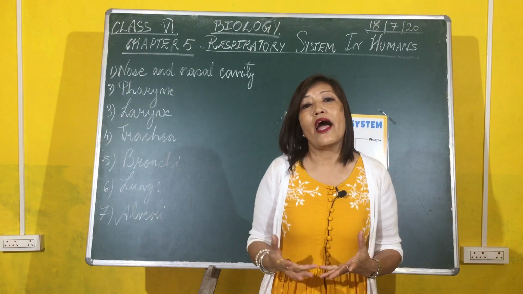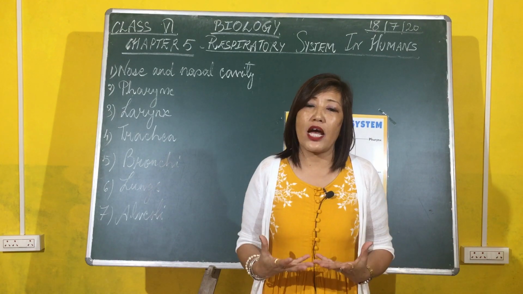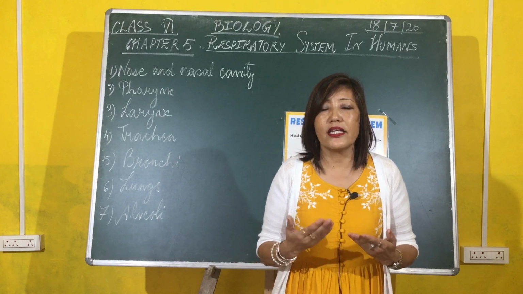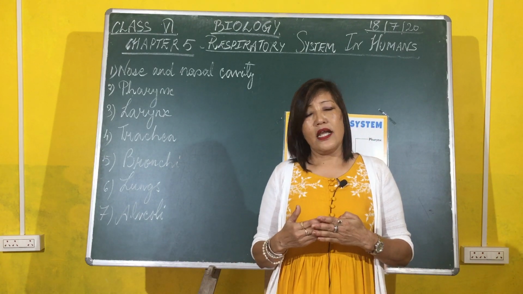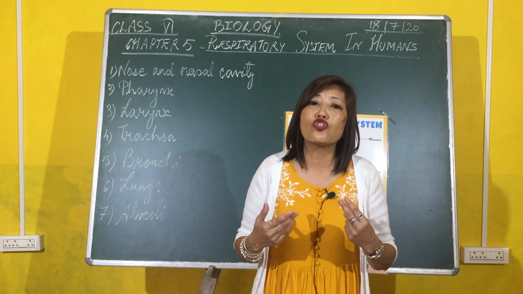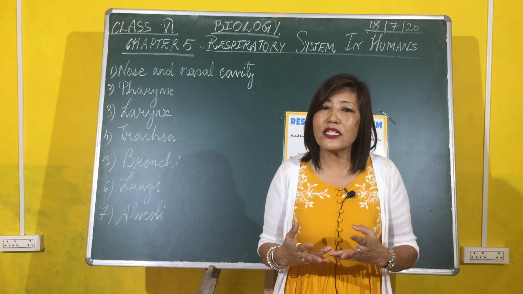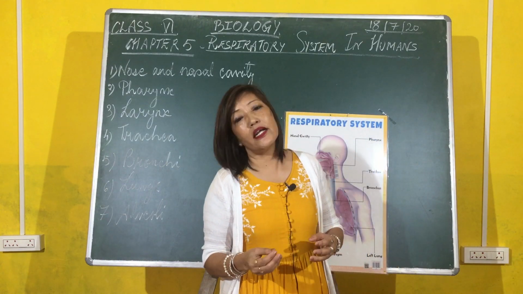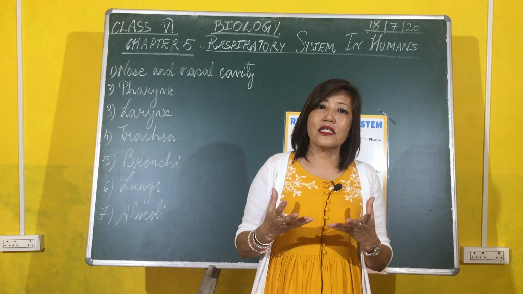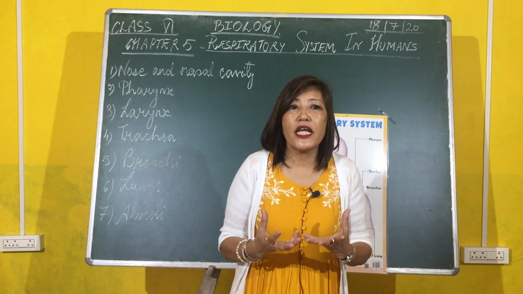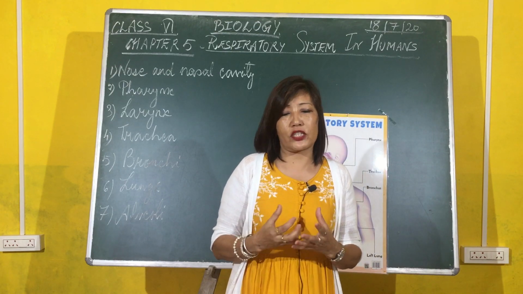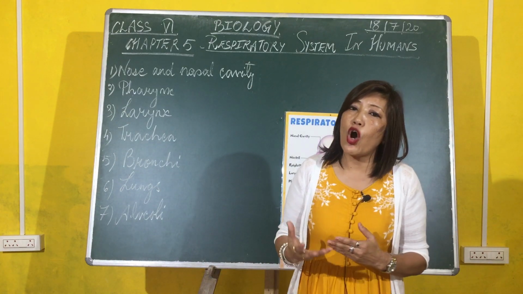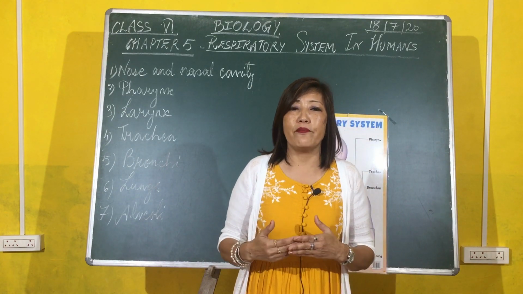Now lungs, we have a pair of lungs, a total of two, one on the left side and the other on the right side. The left lung is two-lobed and the right lung is three-lobed. Is that clear? The lung is a spongy, air-filled structure covered by a membrane called the pleural membrane.